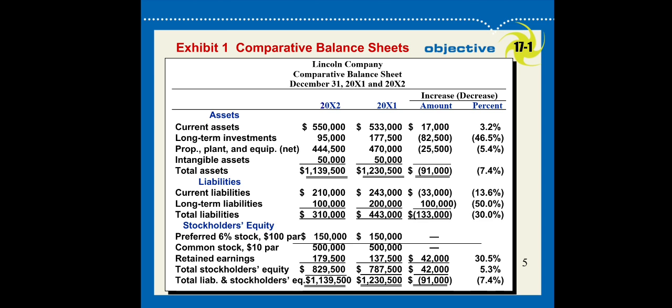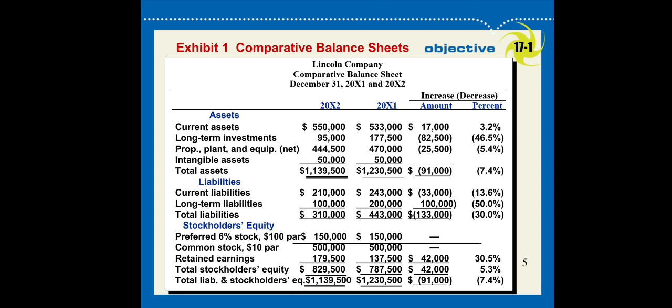If we do not do the analysis, we will say that the business is getting worse because the asset has decreased. But when we do the analysis, we compare. The total asset decrease is 7.4%, but the total liabilities decrease is 30%.